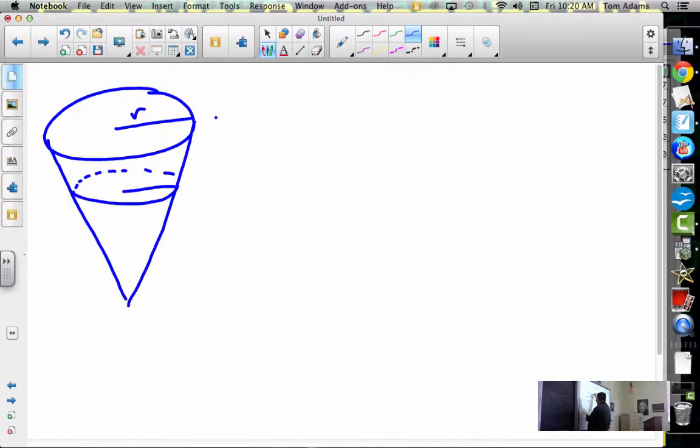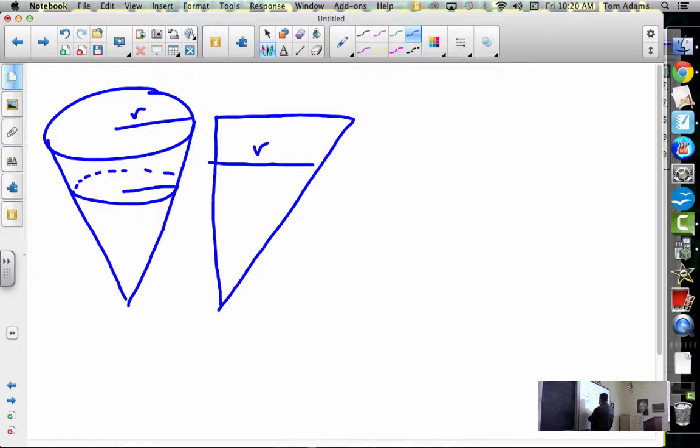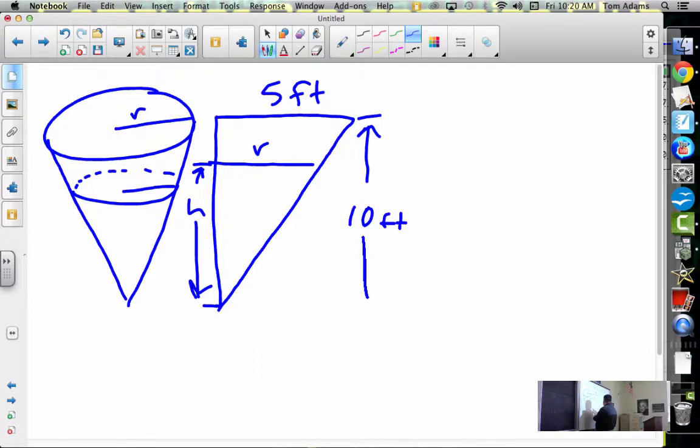When you think about that, it's kind of like a right triangle, where the distance from here to here is the radius, and the distance from here to here is the height. We're given that the base radius is 5 feet, and the height from here to here is 10 feet. And that's important, we'll need that.